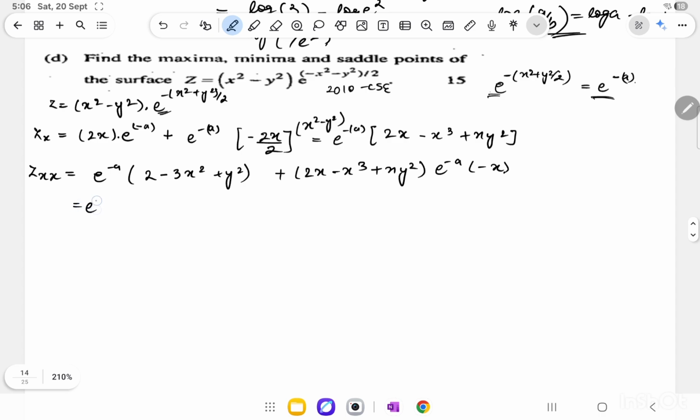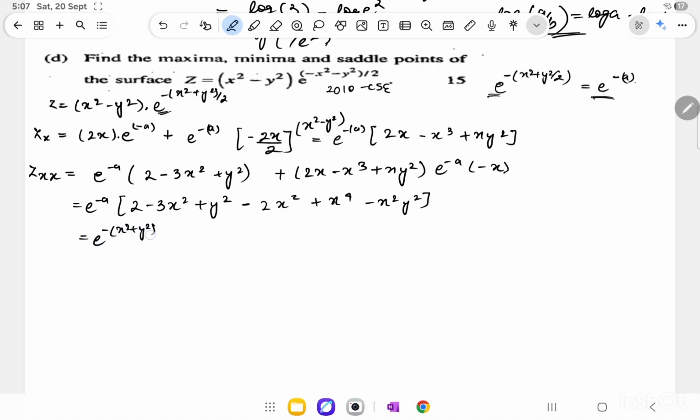And if I take e raised negative a common, I'll be getting 2 minus 3x square plus y square minus 2x cube minus 2x square plus x raised 4 minus x square y square, and this will be e raised negative of x square plus y square by 2 into 2 minus 5x square plus y square plus x raised 4 minus x square y square.